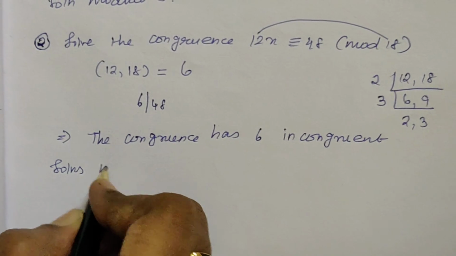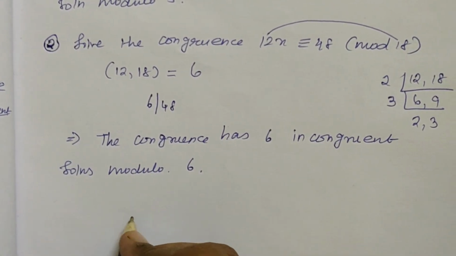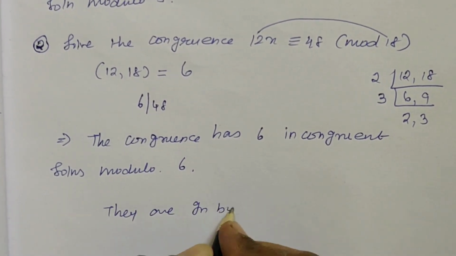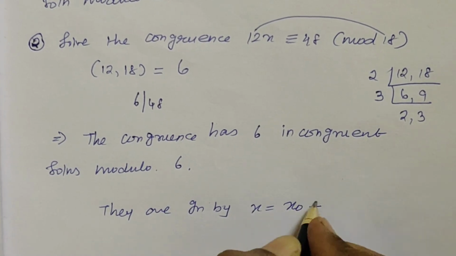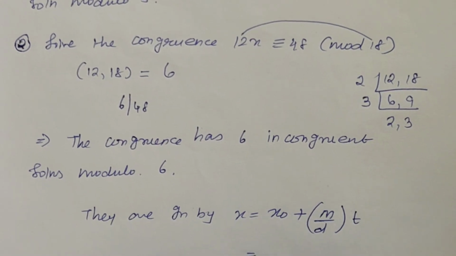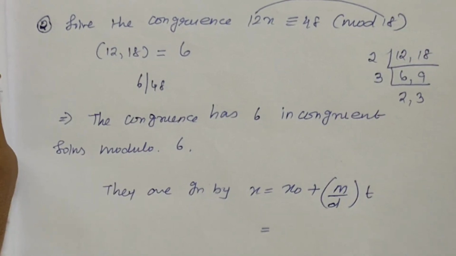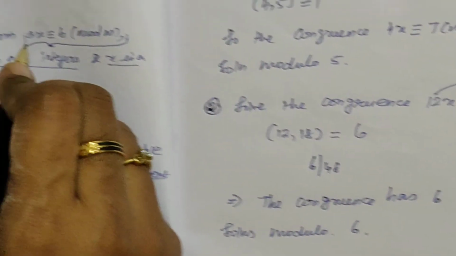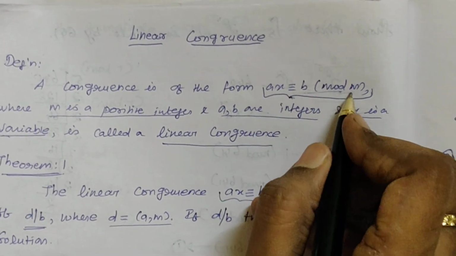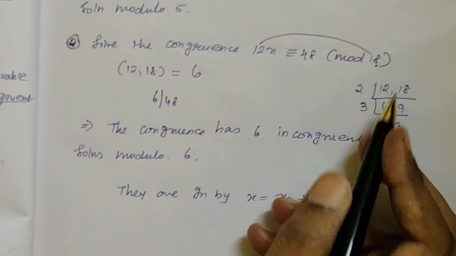Therefore, they are given by x = x0 + (m/d)t. Here ax ≡ b mod m is your linear congruence equation, and the m value is 18.